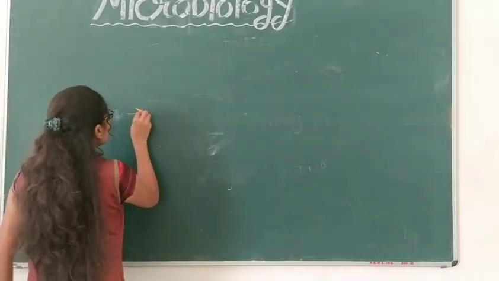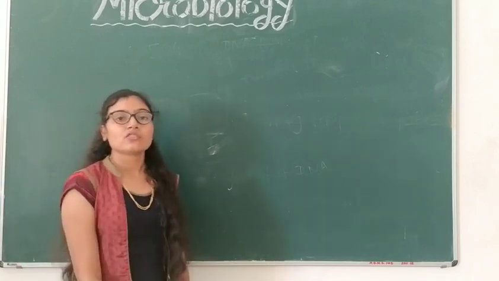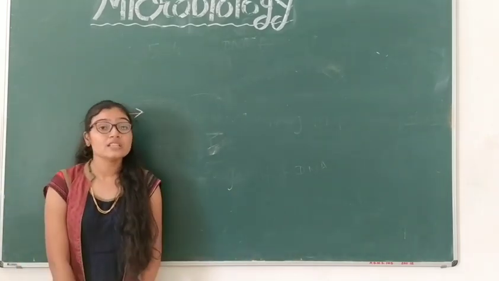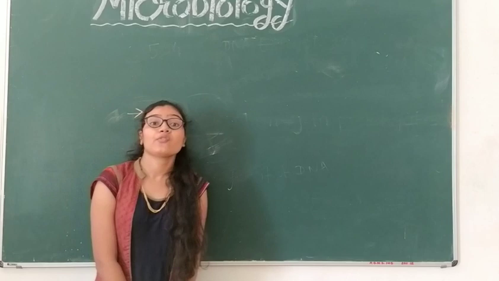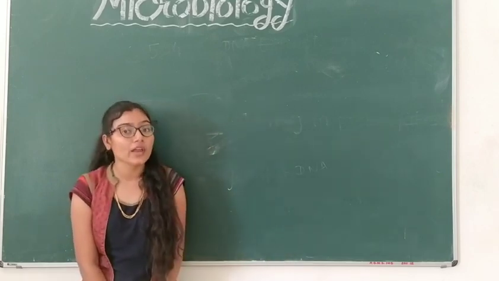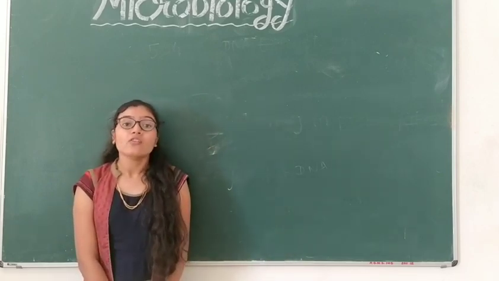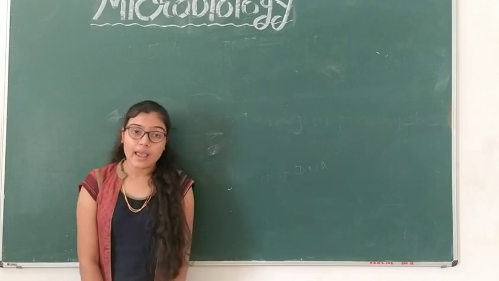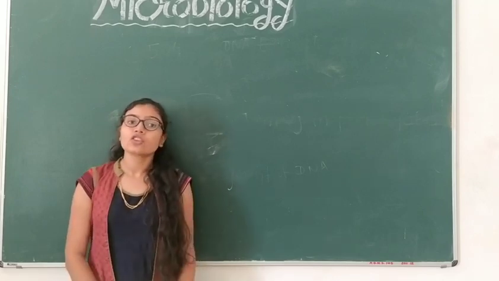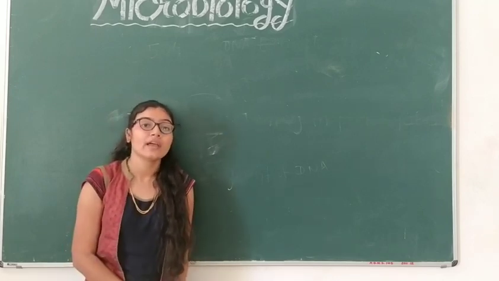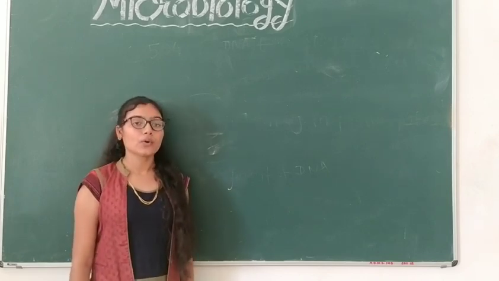First, we will discuss 3 main things. First, the requirements: which requirements are needed to proceed with gene cloning in a prokaryotic cell. Second, which steps are involved in this process. And third, the different applications of gene cloning in a prokaryotic cell.